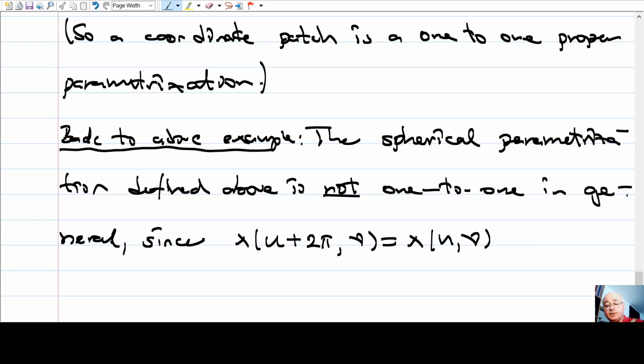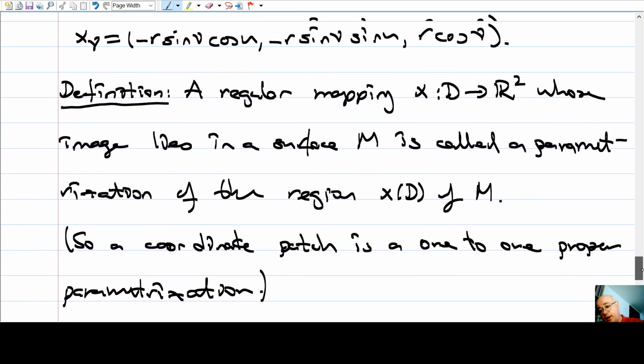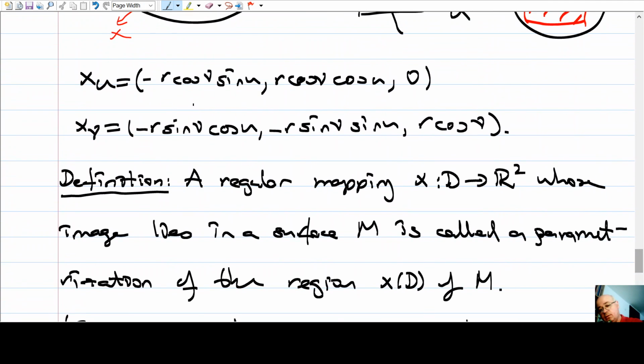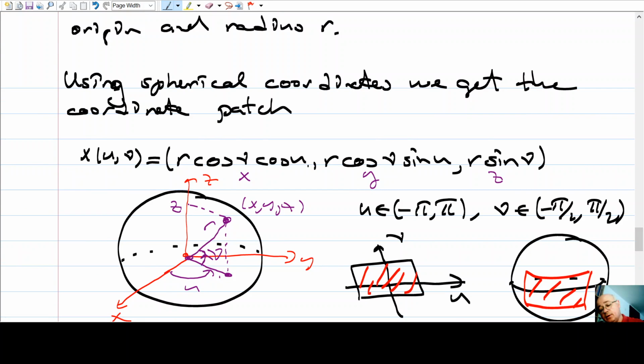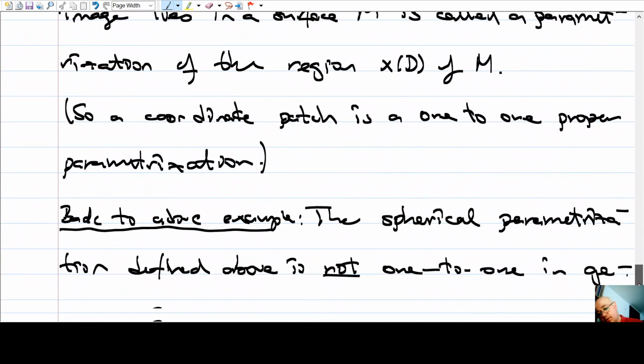So if I increase one angle by 2 pi radians, then the image will not change, because here I have all trigonometric functions and they are periodic with period 2 pi.